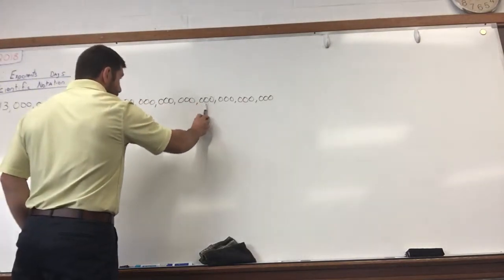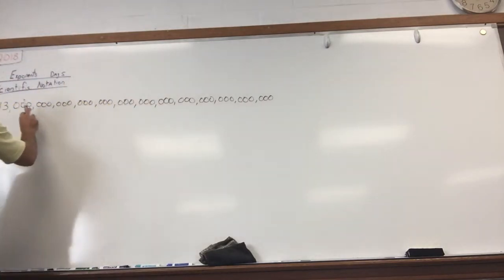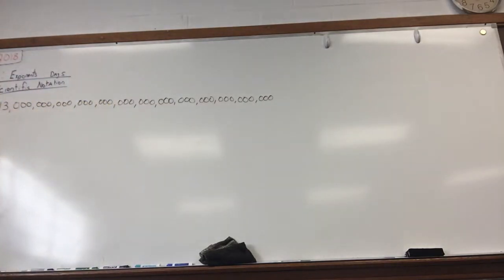Thousands, millions, billions, trillions, 43, a lot of zeros. You'll see this in science a lot with weight, with distance, with light speed, all these kind of things. You could see this number.